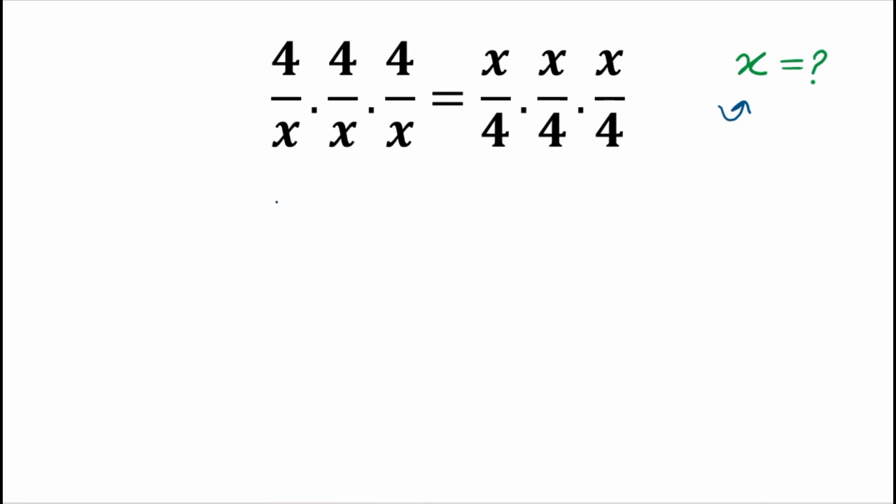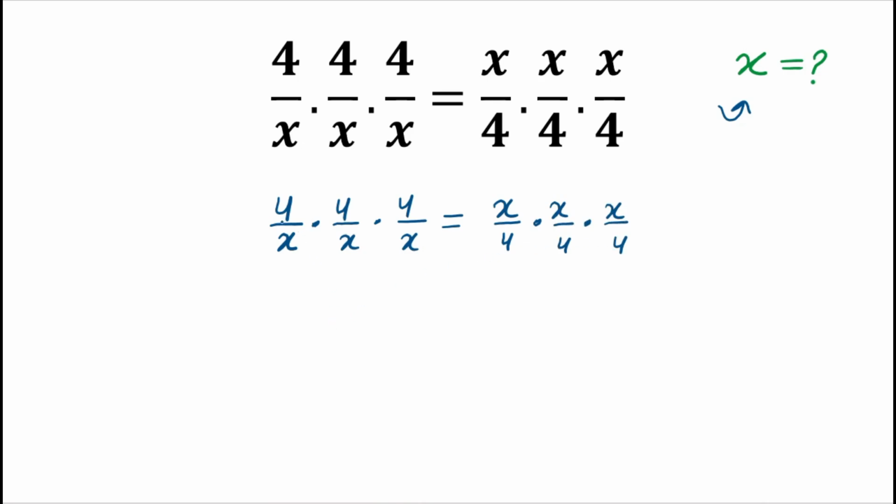Look carefully, on the left hand side we have 4 over x times 4 over x times 4 over x, and this is equal to x over 4 times x over 4 times x over 4.